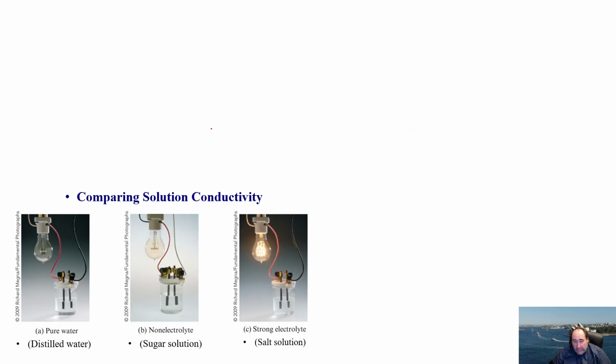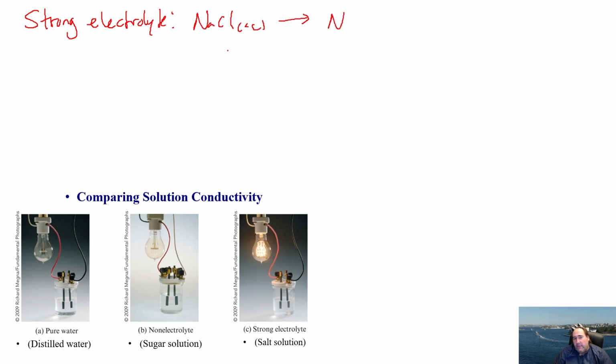And this has effect, for example, on conducting electricity. So when we look at strong electrolytes, like we were just talking about, and we take something like our sodium chloride, once again, it's going to 100% break apart into sodium ions and chloride ions floating around.